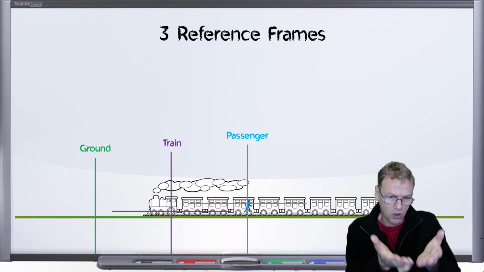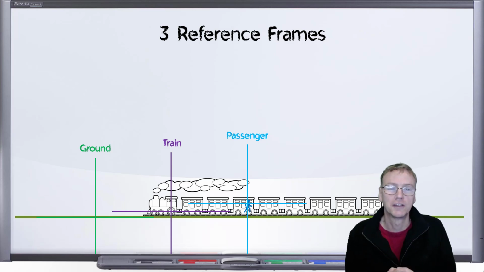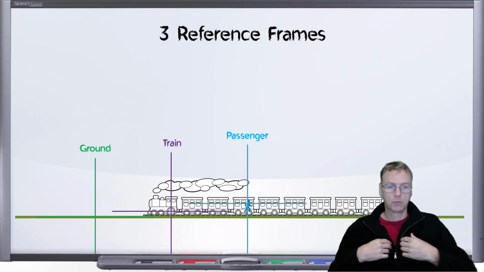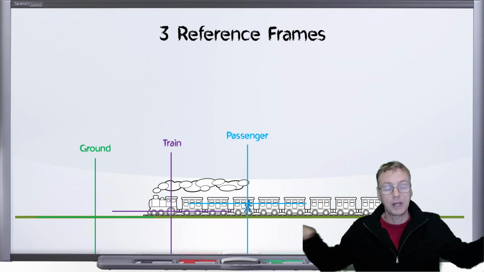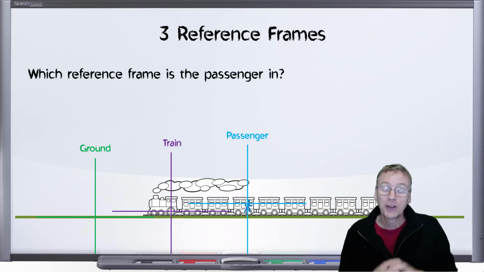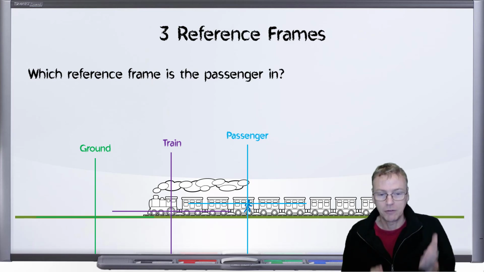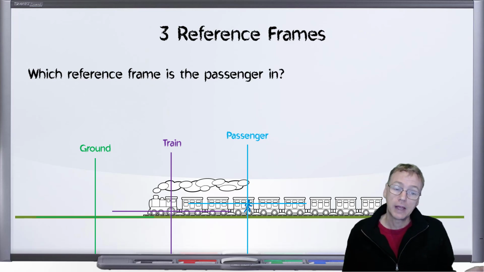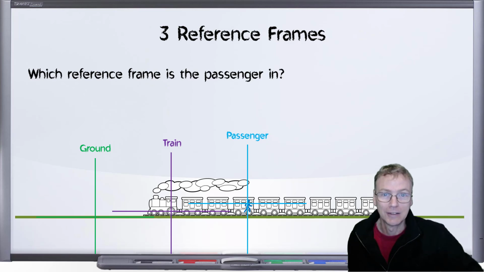I put it on his shoulders, because I thought that looked good in the diagram. So right here in the middle of your chest, we'll put a reference frame. That's your reference frame. So the question becomes, I have a passenger walking along the train. I have the train rolling along the tracks. Which reference frame is the passenger in?